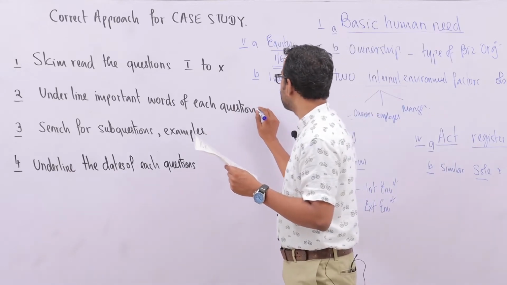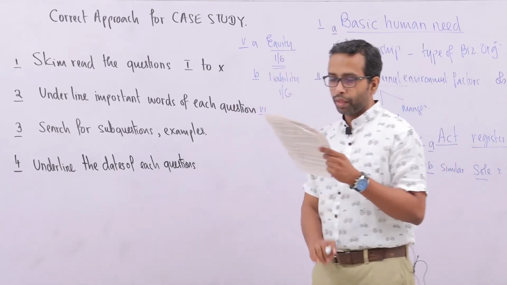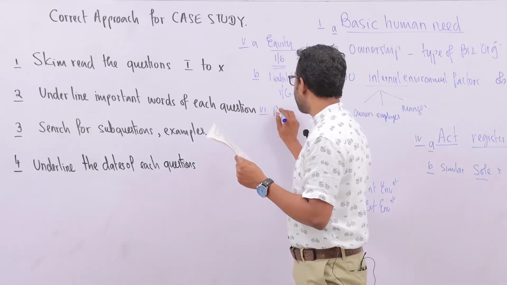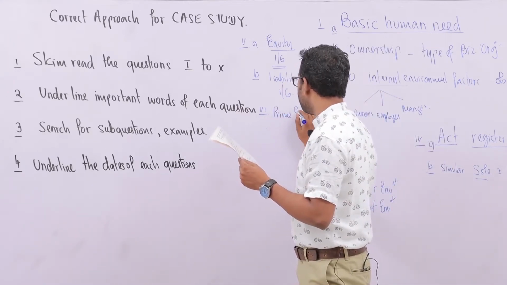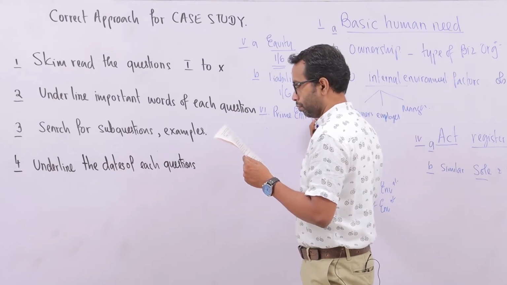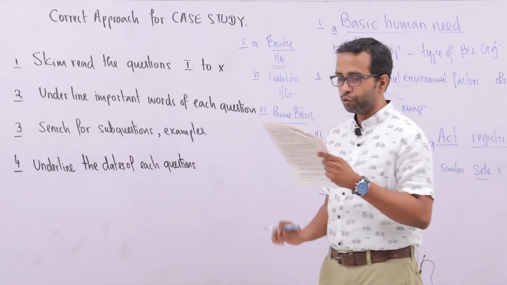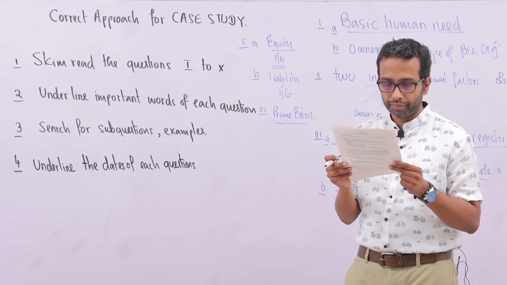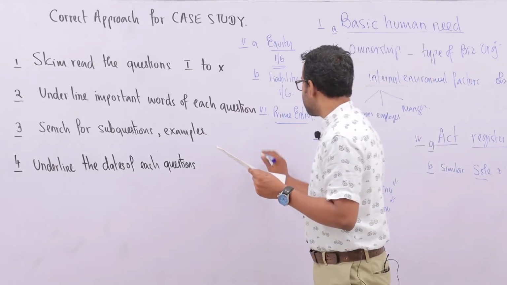Number 6, name 2 types of prime entry books that companies or any business maintain.